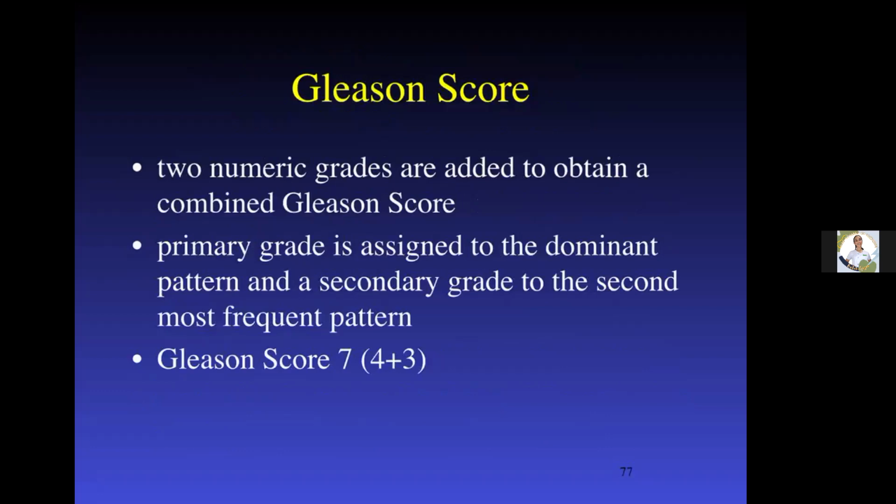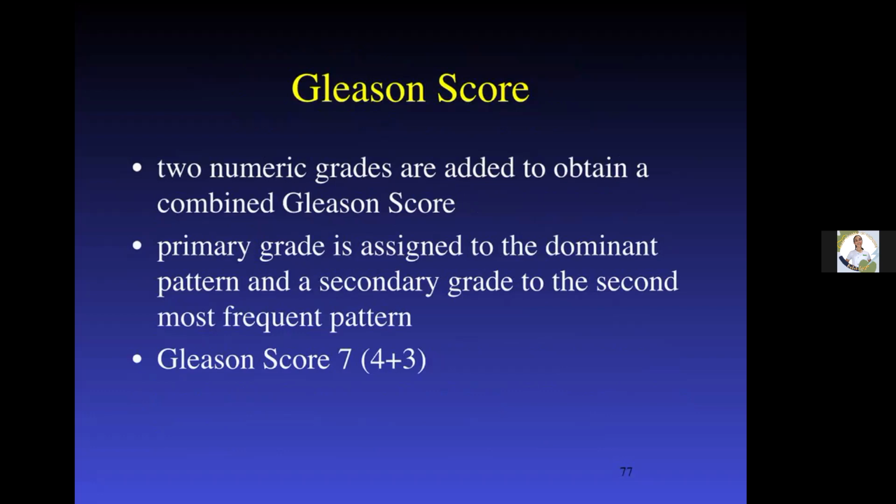So how do you score Gleason? You have two numeric grades. They are added to obtain a combined Gleason score. So you scan the slide. The primary grade is assigned to the dominant pattern and a secondary grade to the second most frequent pattern.